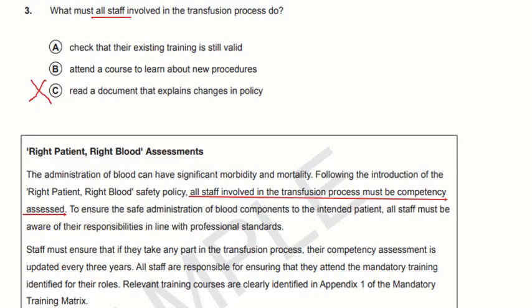Actually, what you understand from the text is, if they're already competent enough, they don't have to attend a course. Okay, so not all of them must attend a course. So this is not the right answer here. A is the right answer.